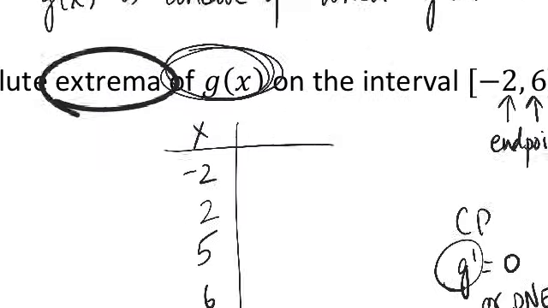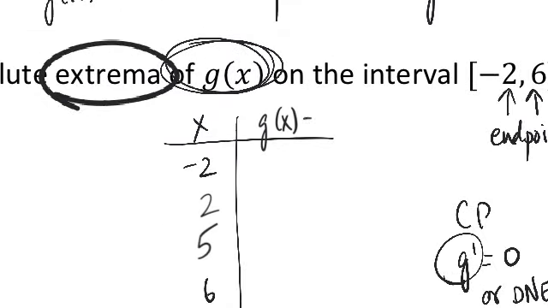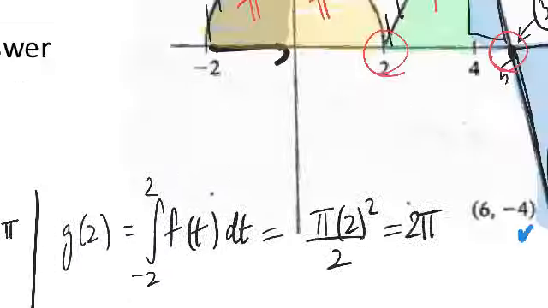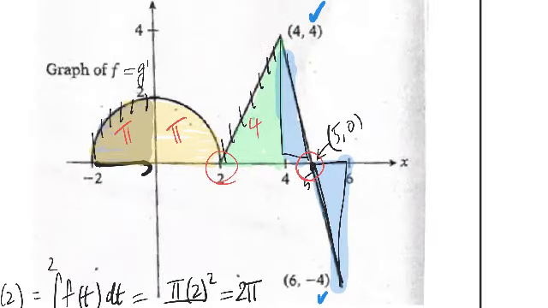Okay, so this is, of course, our candidates table, and we're going to do this in a minute, right? But remember, also use common sense and think g is the antiderivative. It's the area. So if I look at this graph, I'm starting my area calculation at -2, and you can already see that you're going to reach a maximum area right here at 5, right?